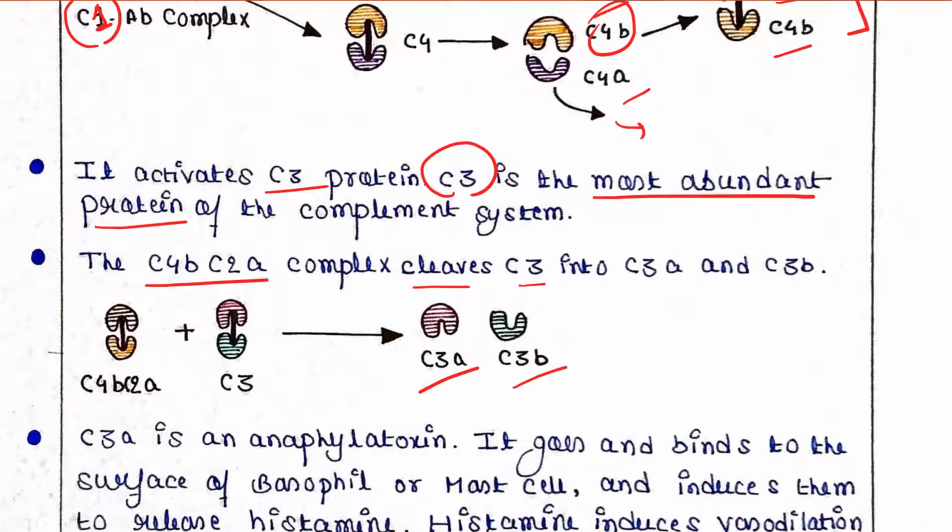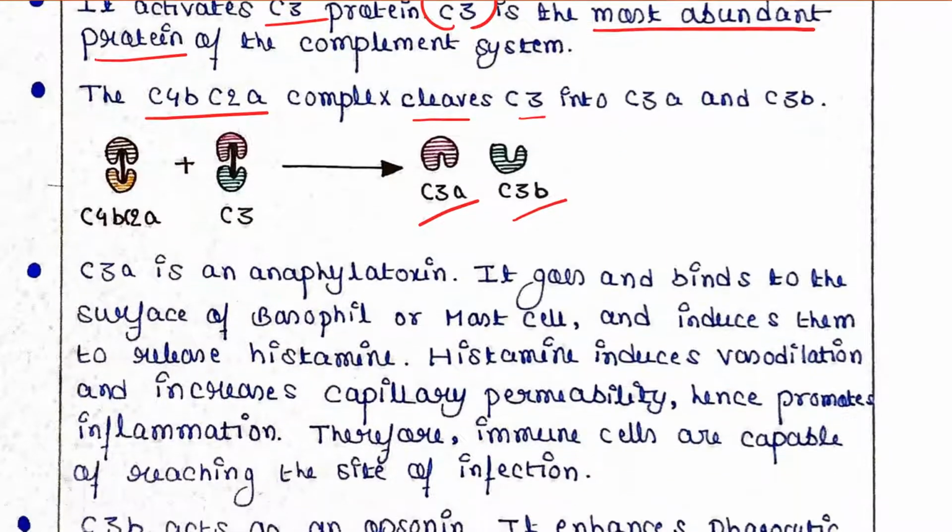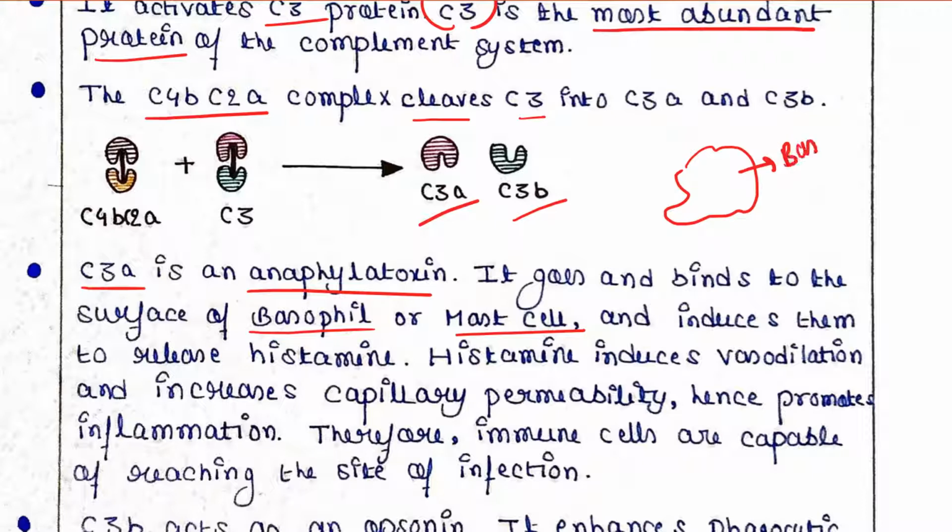So C3a is an anaphylatoxin. So what is anaphylatoxin? So it goes and binds to the surface of basophil or mast cell. So when C3a is formed, it will go and bind to the basophil or mast cell surface.